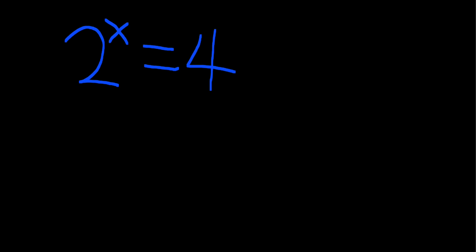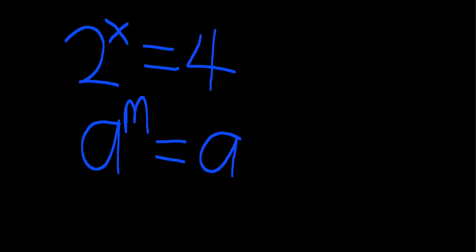To solve a problem like this, we shall be using a law which says that if you have a number, let's say a, exponent another number, let's say m, is equal to a exponent n. I'm just using variables to represent any numbers.